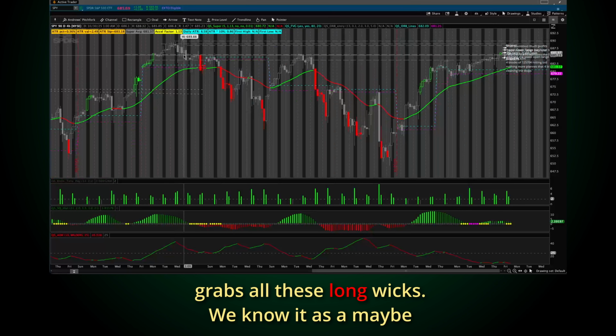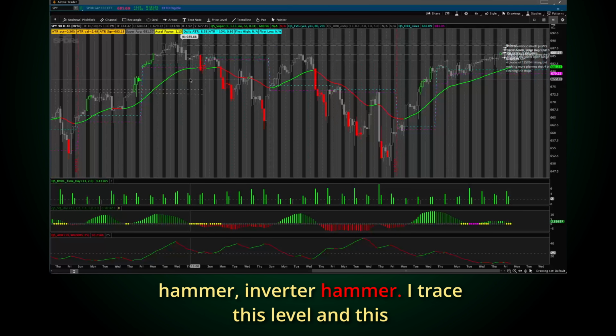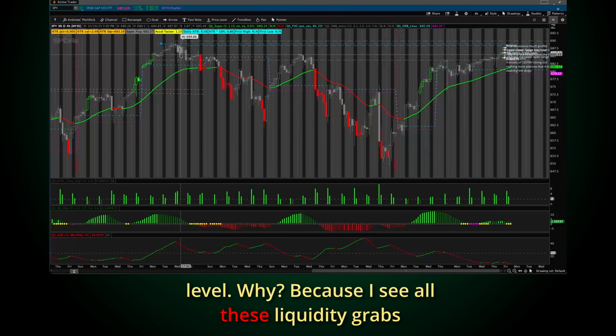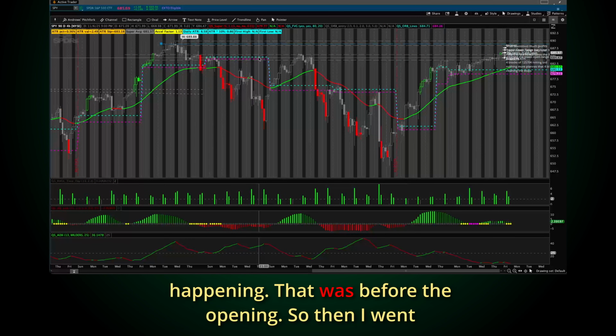All these long wicks, we know them as maybe hammer, inverted hammer. I trace this level and this level. Why? Because I see all these liquidity grabs happening. That was before the opening.